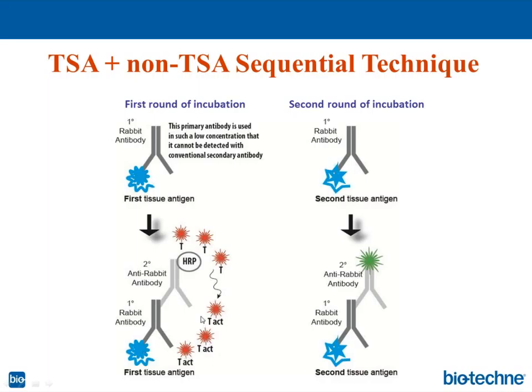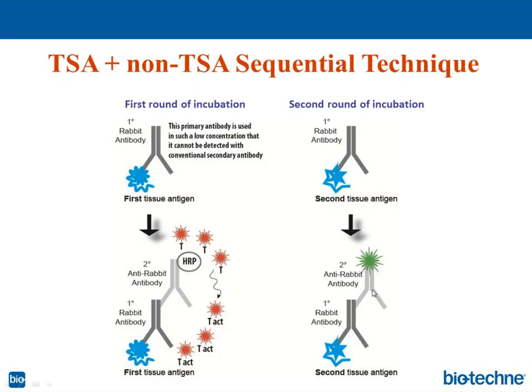Second phase, we are going to incubate the same tissue section with the primary antibody, also rabbit, from the same host species, but in a normal concentration, normal optimal working dilution, which can be picked up and detected using the secondary antibody, like here.